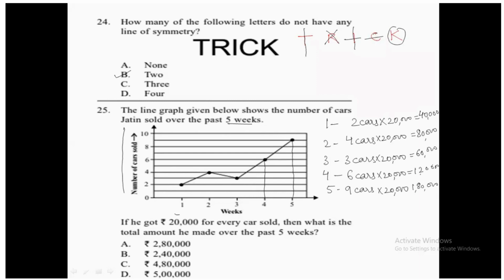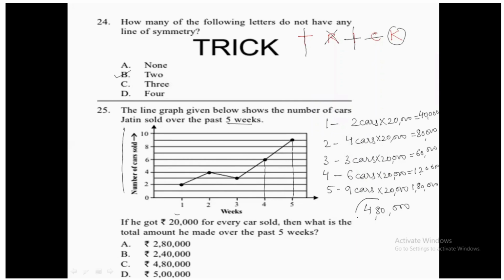Now 3 lakh plus 60,000, we get 3,60,000. Now 3,60,000 plus 80,000, what are we getting? We are getting 4,40,000. Now 4,40,000 plus 40,000, we get 4,80,000.